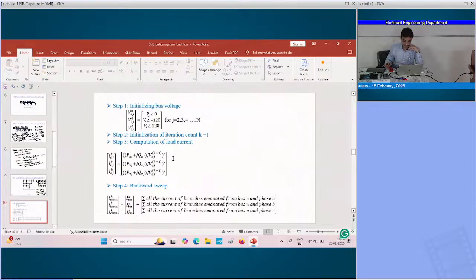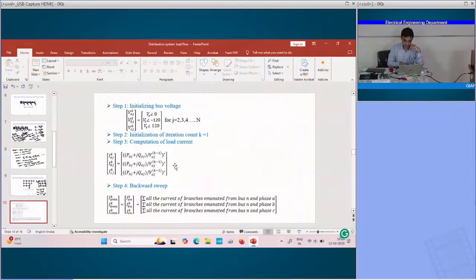P and Q values are known to us. So based on this equation, we can calculate the current for any node for all three phases. Then we move to the backward sweep method, where we are supposed to calculate the branch current.